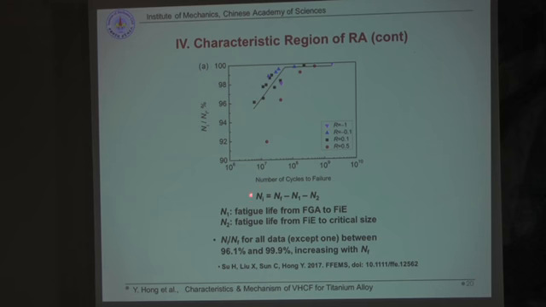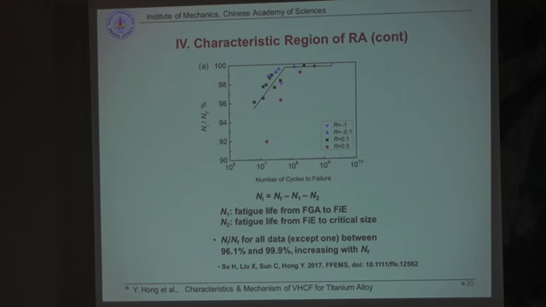And then we are able to obtain the initiation life. And this is the result. So in the very high cycle regime it is more than 95%, very similar to the case in the high strength steel. So the RA region is so important, like the case in the high strength steel.